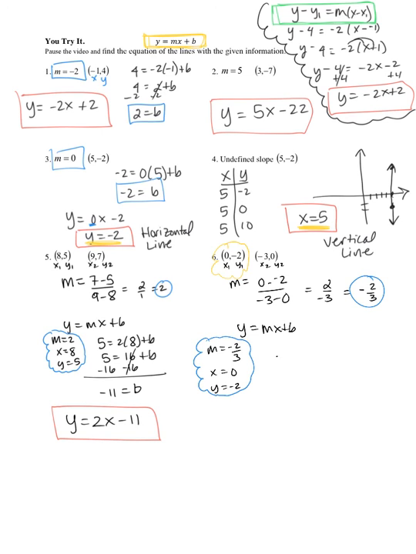We would have put in our y is -2, our slope is -2/3, and our x value is 0. And then when we go to solve for b, -2/3 times 0 is just 0. So we would get that b is -2/3. And then our equation would be y equals -2/3 x minus 2. And that is done.